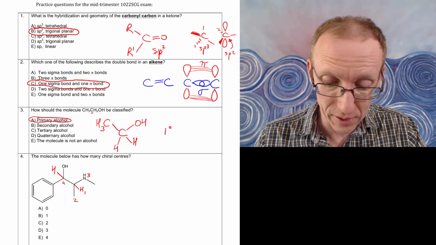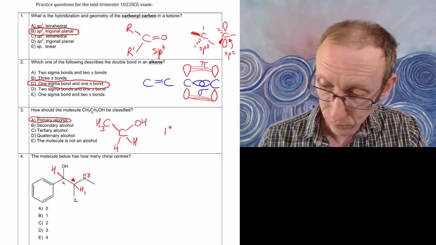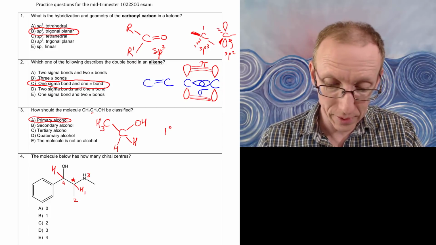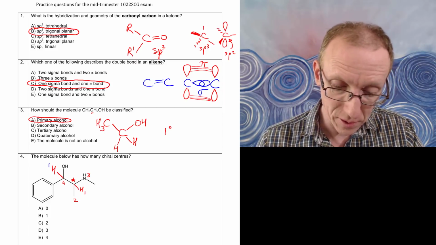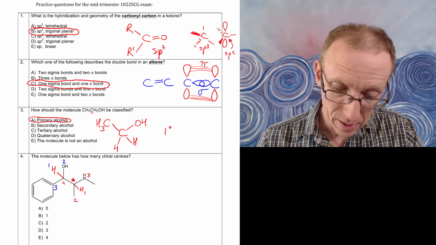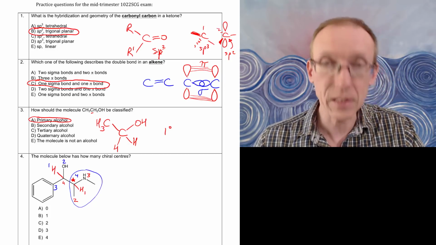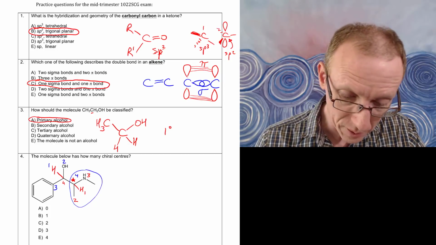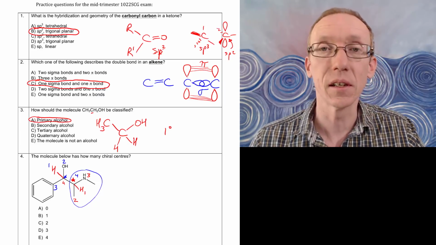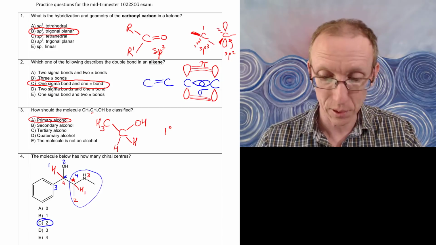We're not assigning R/S here, so we can just say that is a chiral center. Now if I use a different color here, we've got a hydrogen, a hydroxyl group, an aromatic ring, and then this whole group here is something different. So that's a fourth group. So there's 4 different groups there, so that's also a chiral center. So we have 2 chiral centers, and so the answer is C for this question.